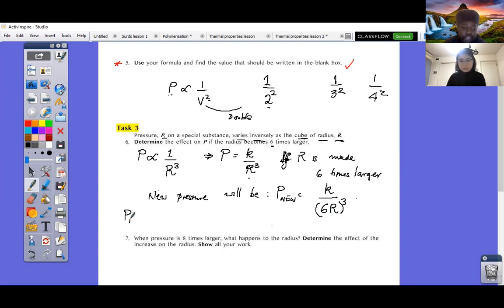So my new pressure would be equal to K over 216 R cubed.